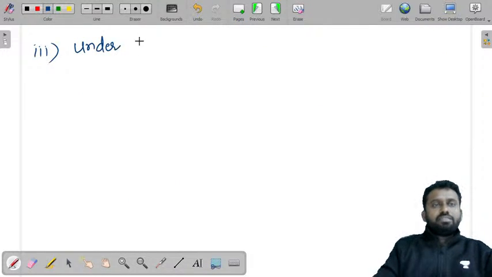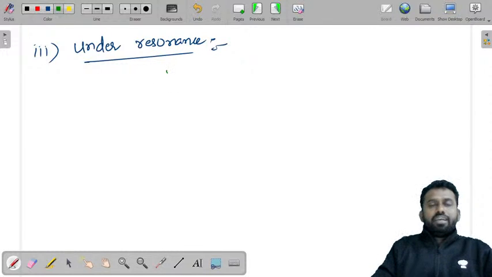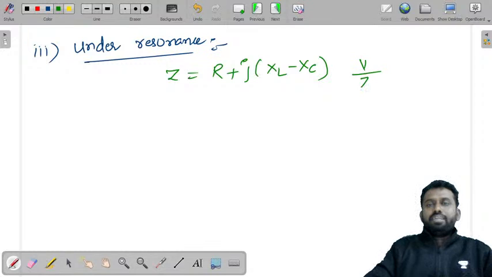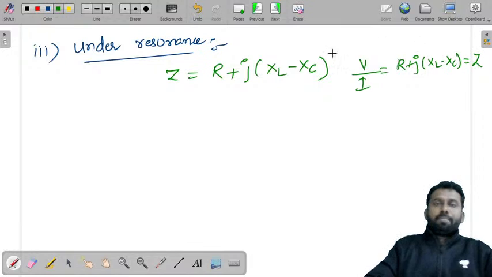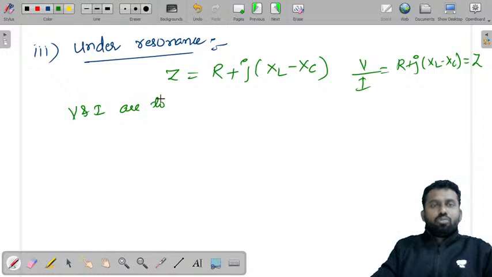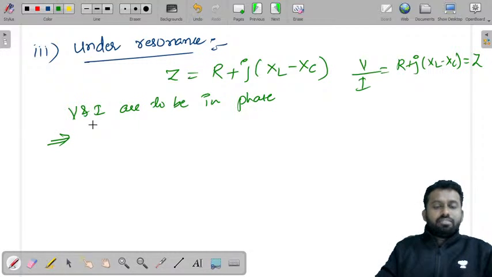under resonance. When is a series circuit said to be under resonance? Let us say you have Z is equal to R plus j into XL minus XC, and V by I is equal to Z. V and I are to be in phase.